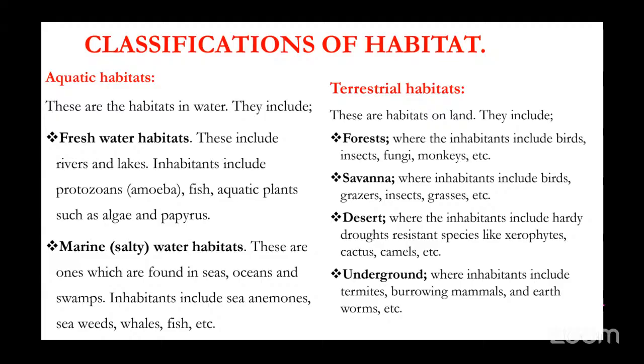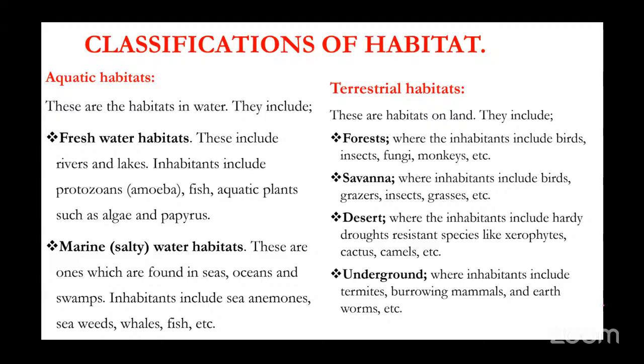We do have the aquatic one and the terrestrial one. But we are still focusing on the aquatic one. These aquatic ones can be divided into two habitats. There are those aquatic organisms which stay in fresh waters.